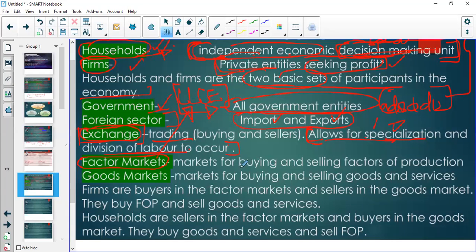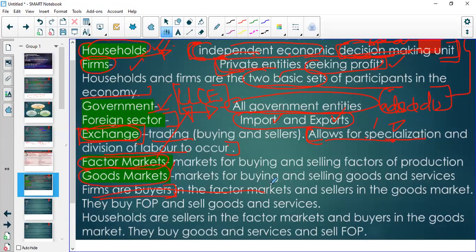So in a factor market, the firms are the buyers because they need the companies, or let me say the companies, but basically we refer to them as firms. So the firms are the buyers because they buy land, they buy labor, they buy capital, so that they can combine that into production. Right. But once they buy in the factor market, then they go and sell the goods and services they produce in the goods market.